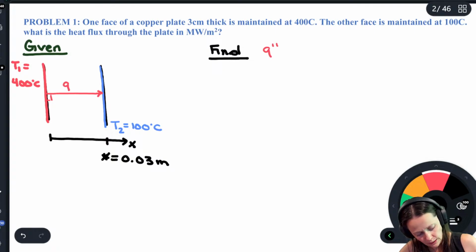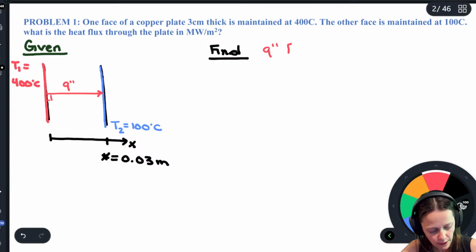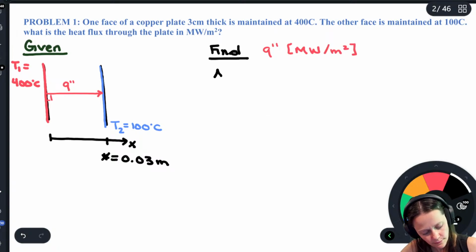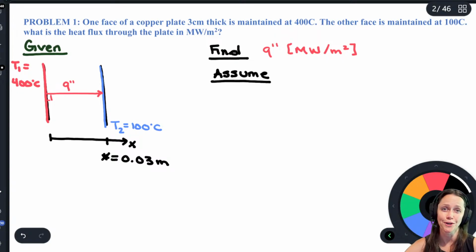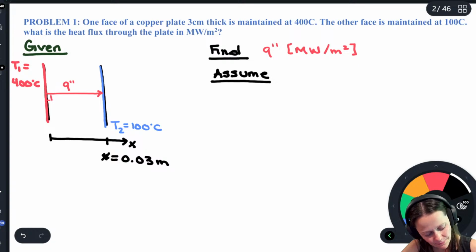I'm going to put that here, Q double prime, and maybe I'll include what units I want: megawatts per meter squared. And then here's whatever I want to assume over here. I don't know what I want to assume, but we'll see in just a second. Let me go ahead and put my solution up here because I suspect I'm not going to need to assume that much.